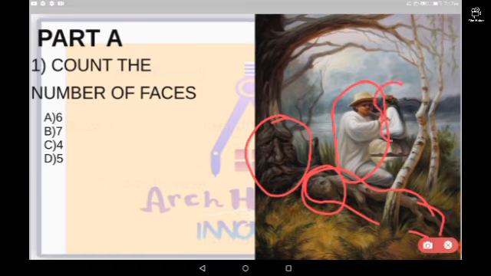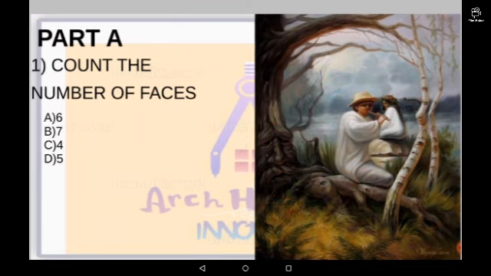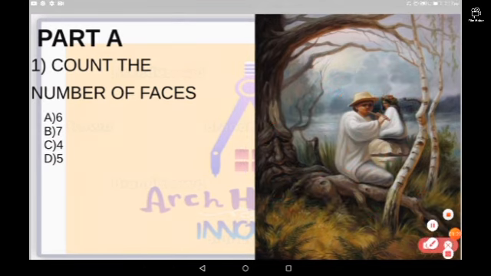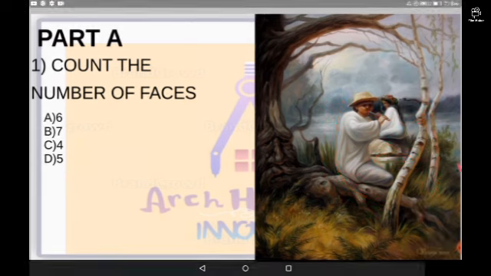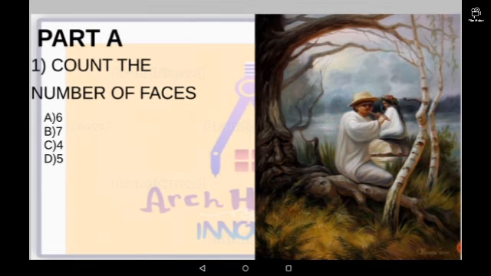And one lady is sitting over here. Now we have 4 faces, and altogether you can see a face like this. Here are his eyes, here is his nose, here are his lips. Are you seeing that man who is hiding throughout this image? So the total number of faces will be 5. I think you are clear.